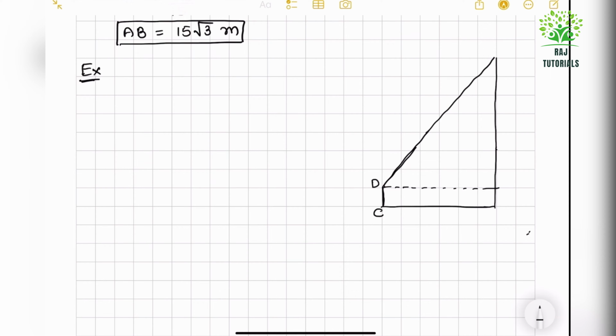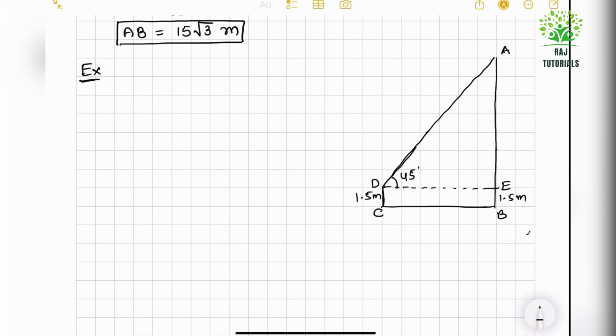Let me give the names D, C and A, and let me give this as E, and let us say that this angle is 45 degrees. And DC is 1.5 meter, so this also will be 1.5 meter because he is watching in a parallel line. He is asking me to find the height of the building.